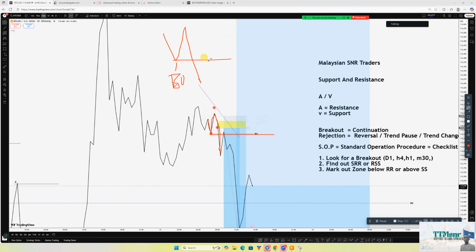Since I get a BO, what do I need? I need a resistance that's breaking support 1, support 2, right?